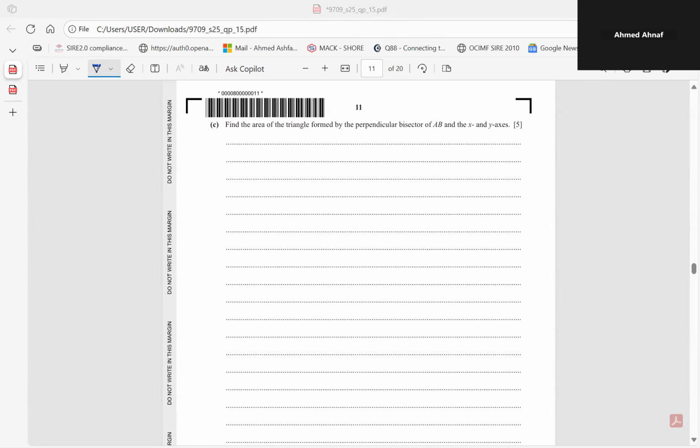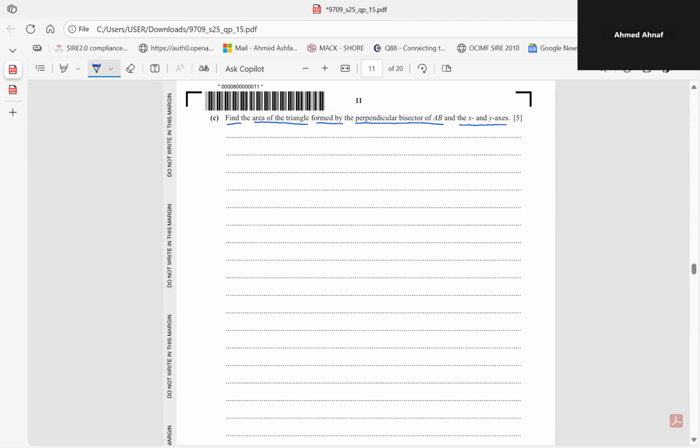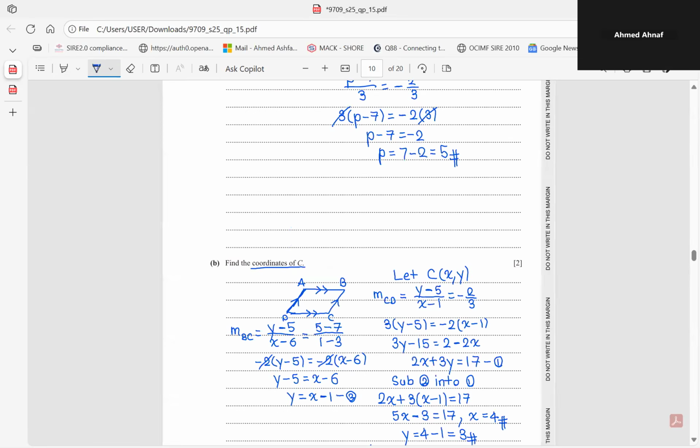Okay, so for this part, we're going to have to find the area of the triangle formed by the perpendicular bisector of AB and the x and y axes. Let's do a little sketch so that we can better understand how the triangle looks. These are the x and y axes and AB.